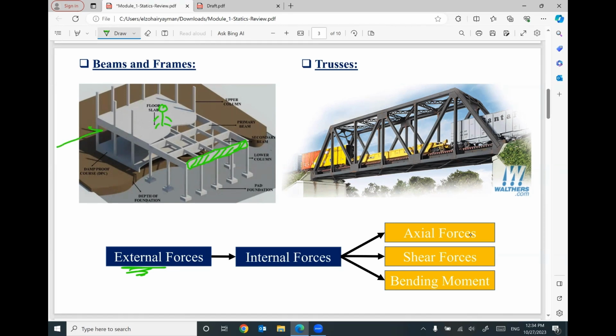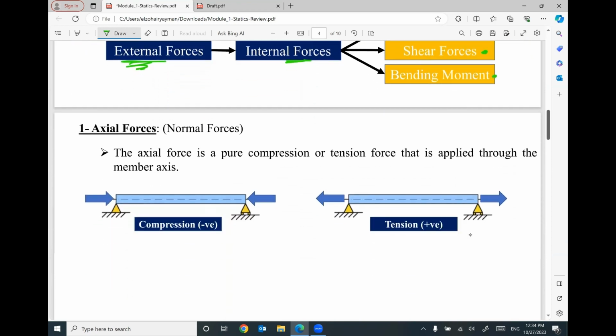If you have wind or earthquake on the building, they are considered external forces. These external forces will create internal forces in three forms: axial force, shear force, and bending moment. Let me explain what is the meaning of each.